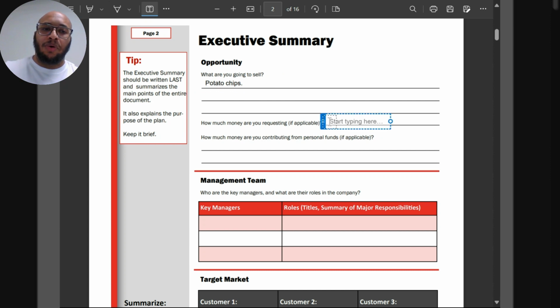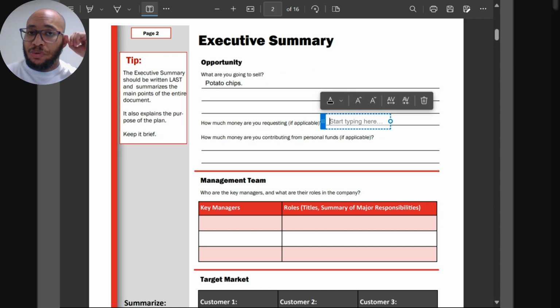How much money am I requesting? This question is for those of you who want to seek outside investment. So if you think that you need money because bootstrapping isn't providing you the amount of capital that you need, then you need to seek venture capital funds. You need to seek angel investments. You need to go to pitch competitions where you can just get free money.